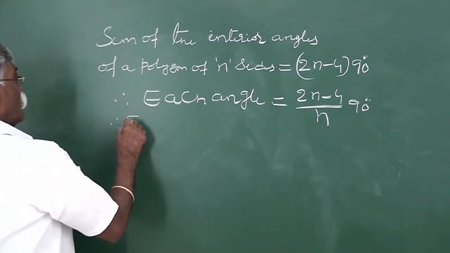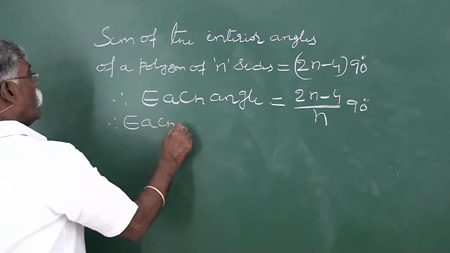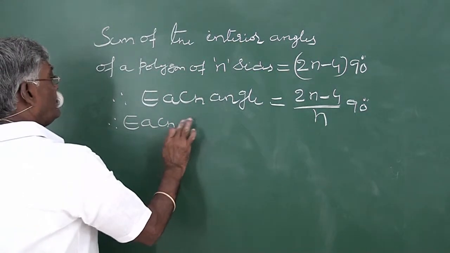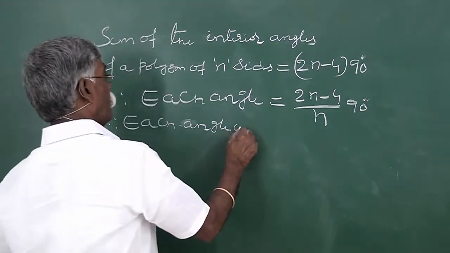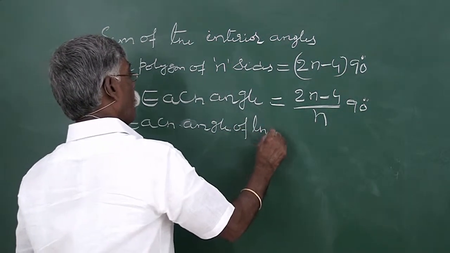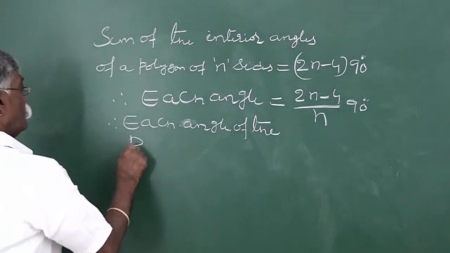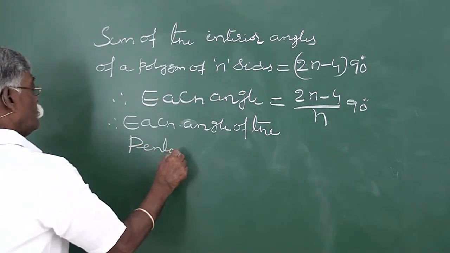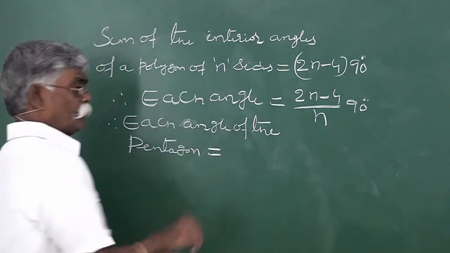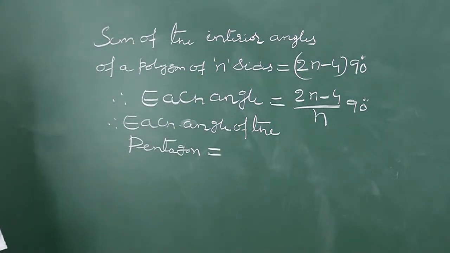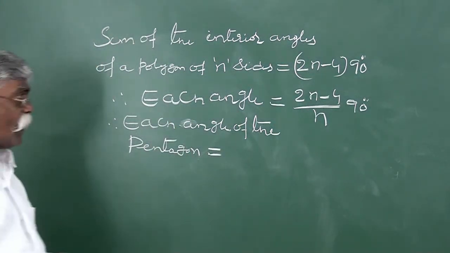Therefore, each angle of the pentagon is equal to, so for the pentagon we have to substitute n is equal to 5.